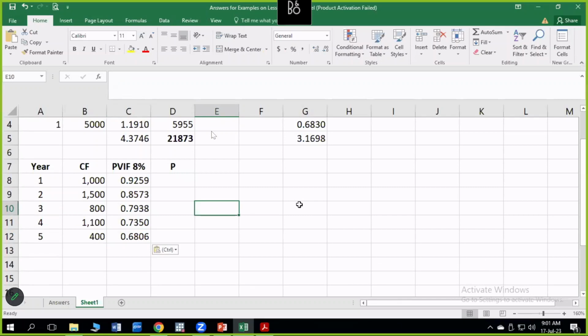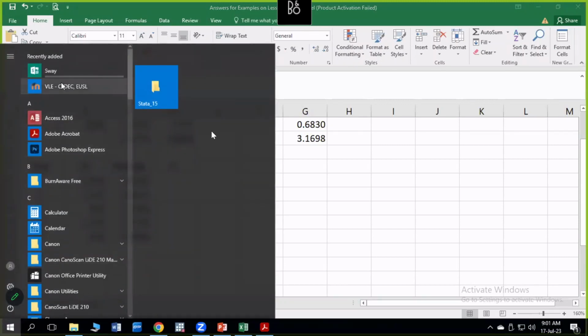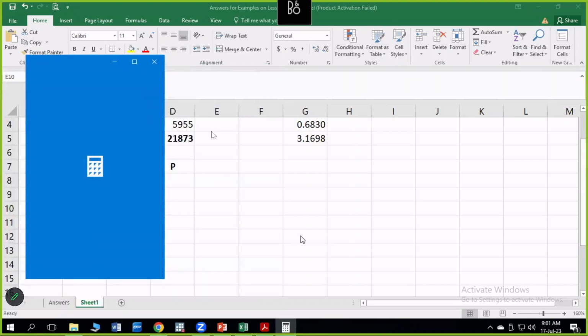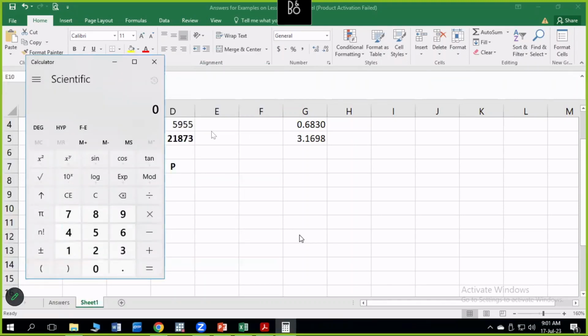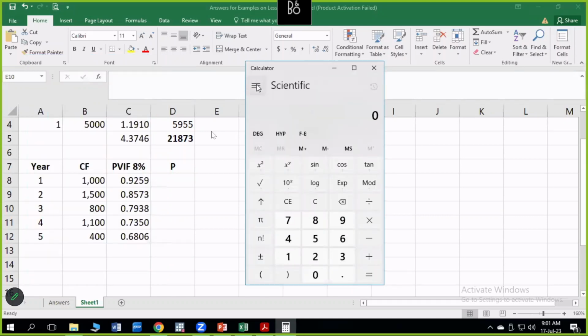If you don't have the table with you, you can use your calculator to get the result. Just take the formula 1 over (1 plus i).